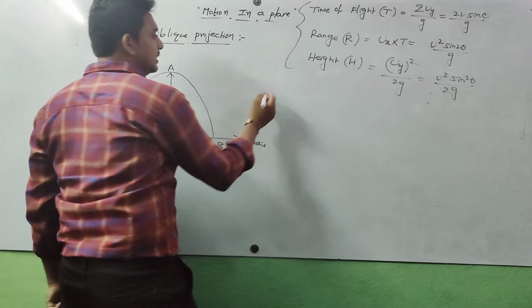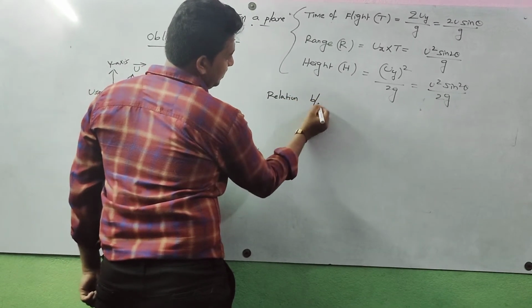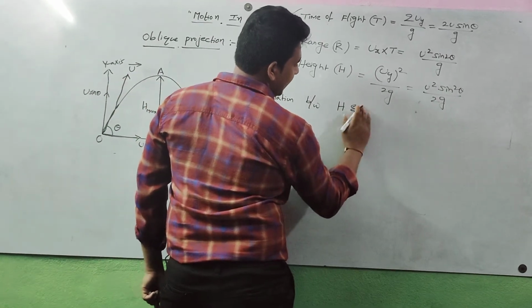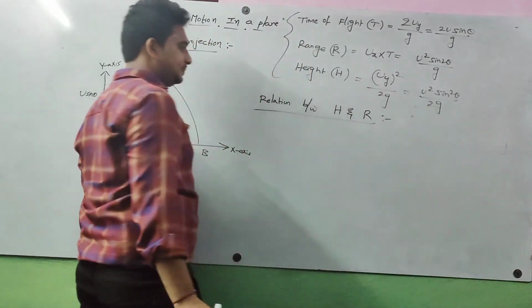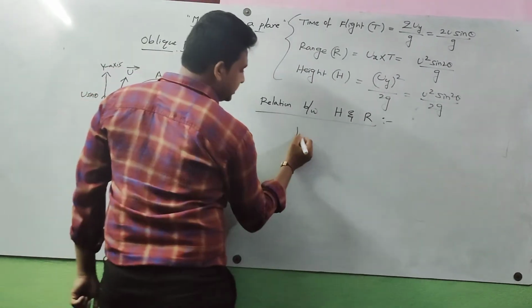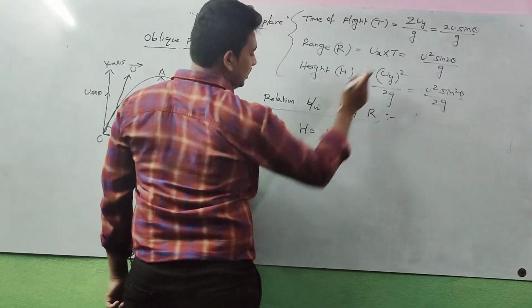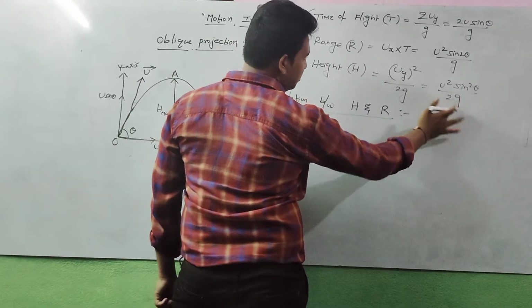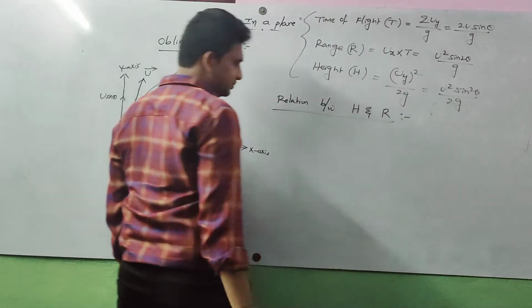First I find the relation between height H and R. We know that height H is equal to u square sin square theta by 2g, and R is equal to u square sin 2 theta by g.